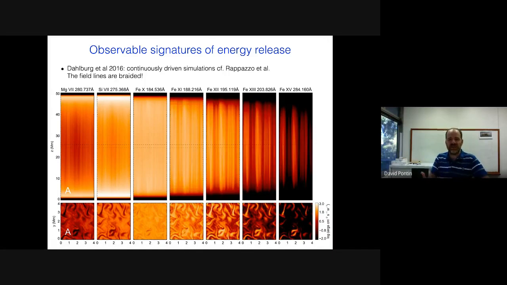They're basically similar to the continuously driven simulations by Rapazzo that I talked about above. We have tangled field lines, and plasma is being heated by the braiding process in these simulations, but these synthesized emissions clearly don't show anything that you would look at and say, aha, that's some braided structure. So this shows us that we don't necessarily see the braided field when we look in the emissions.